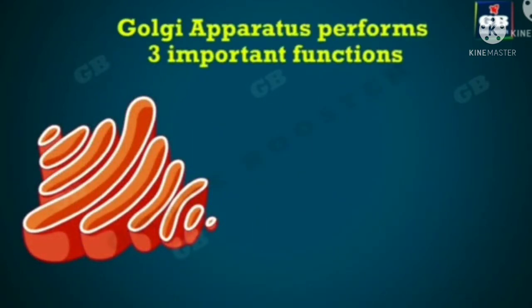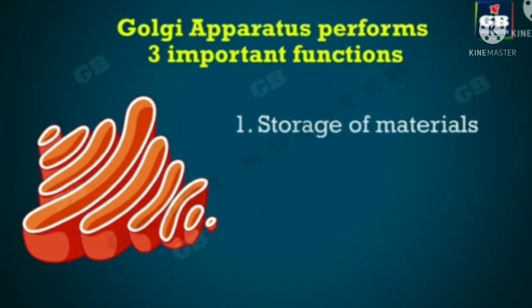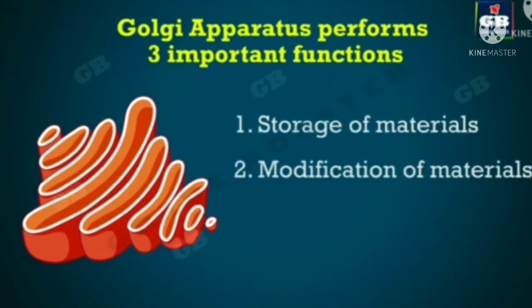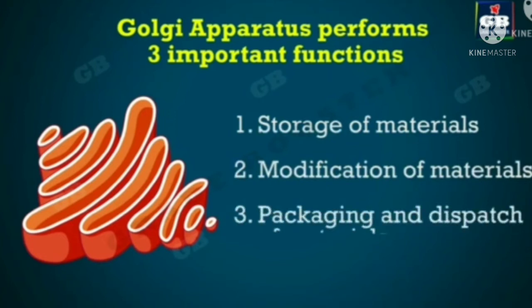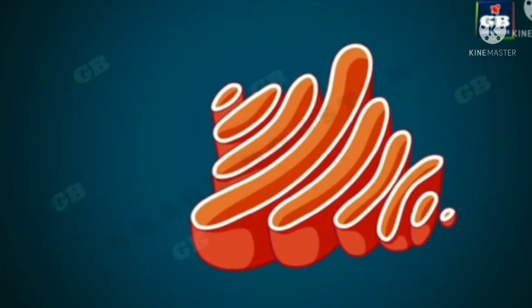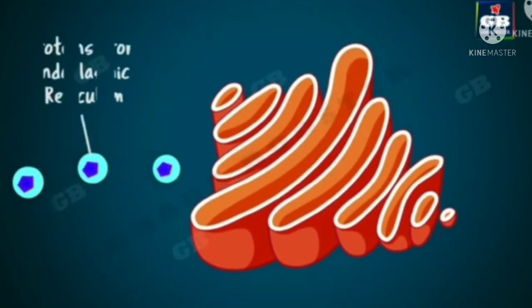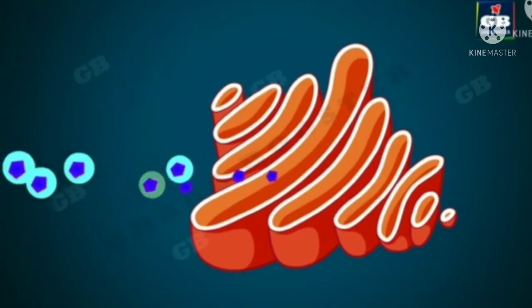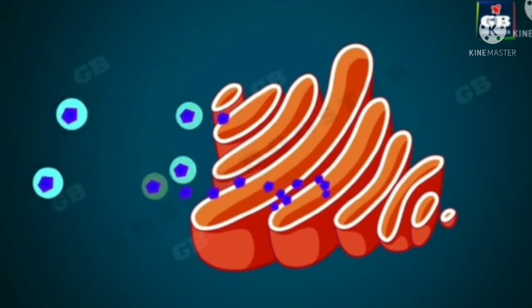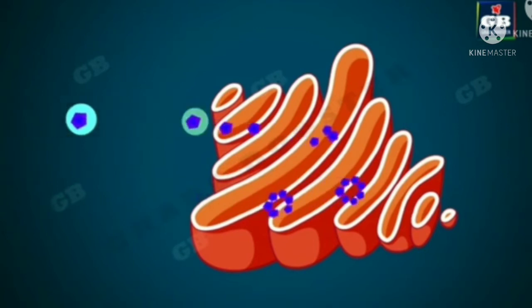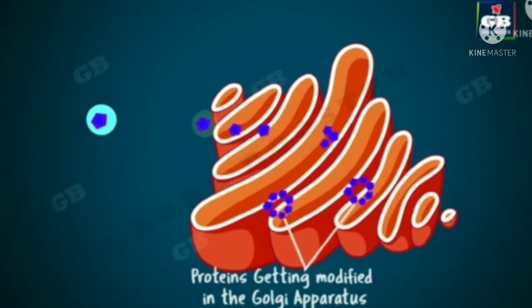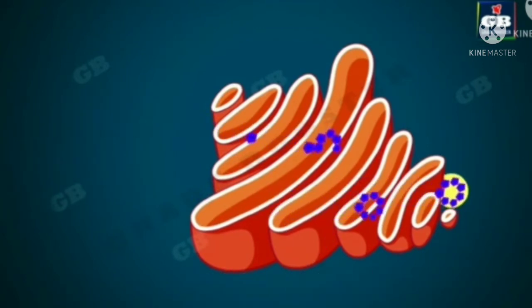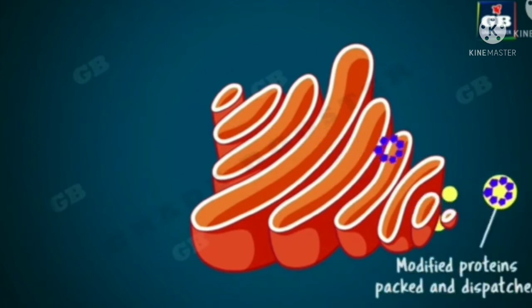The Golgi apparatus performs three important functions. They are storage of materials, modification of materials, and packaging and dispatch of materials. The Golgi apparatus gathers simple molecules and combines them to make more complex molecules. Then it takes the big molecules and packs them in vesicles.